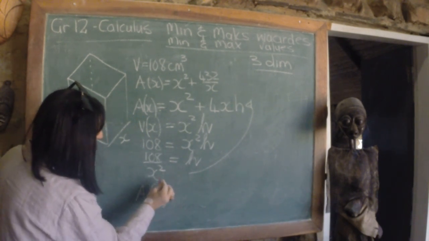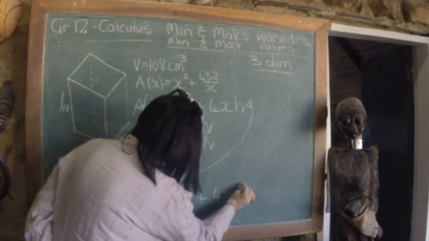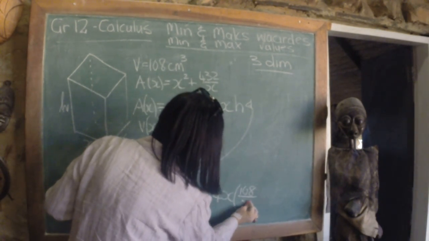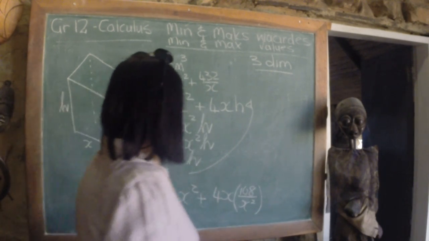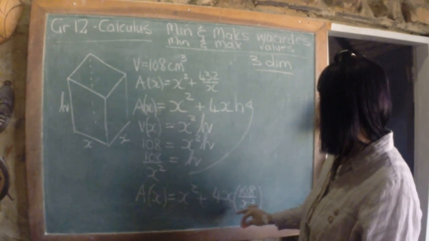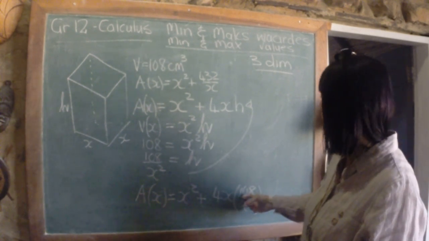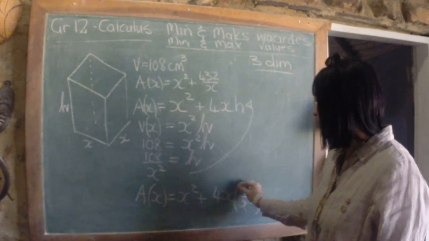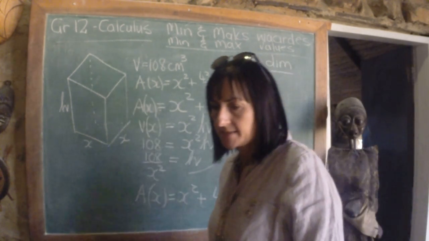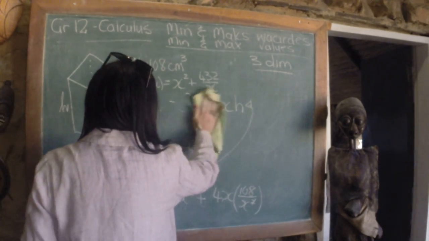So as ek dit daar gaan terug insit, dan het ek x kwadraat plus 4x en dan kan ek substitusie doen, 108 op x kwadraat. So as ek daai vereenvoudig, dan kom ek uit by x kwadraat plus 432 op x. If you simplify that, because 4 times 108 is 432, and that x cancels with 1 x underneath the line. So dit het ek nou bewys. That's the first question. Prove that that's the equation of the surface area.